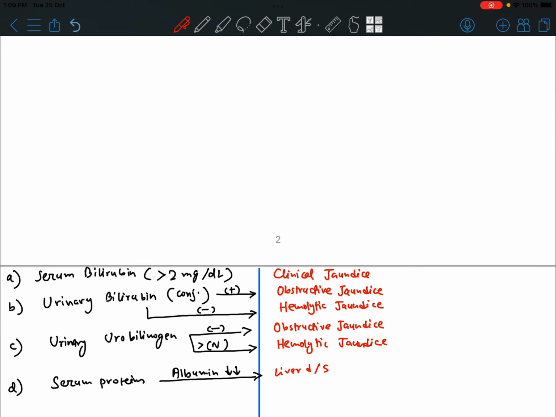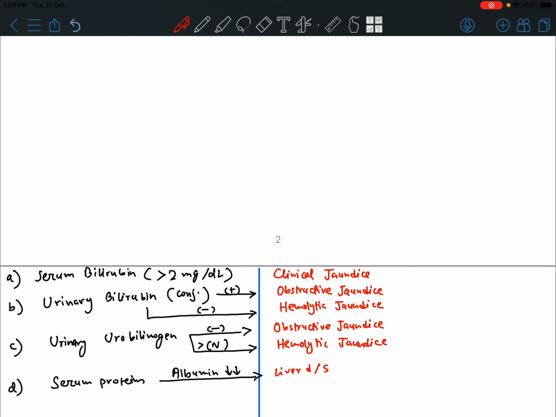If liver disease exists, the albumin levels will decrease along with derangement of other liver function tests. But if LFTs are normal and albumin levels are still low, there might be other causes like what? Low or decreased intake of protein due to malnutrition, or protein loss due to kidney disease, right? So these things can happen. Liver disease, okay.